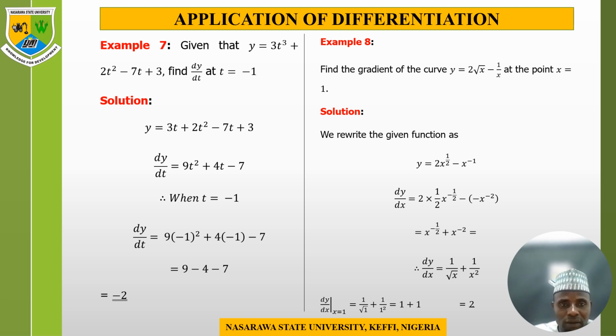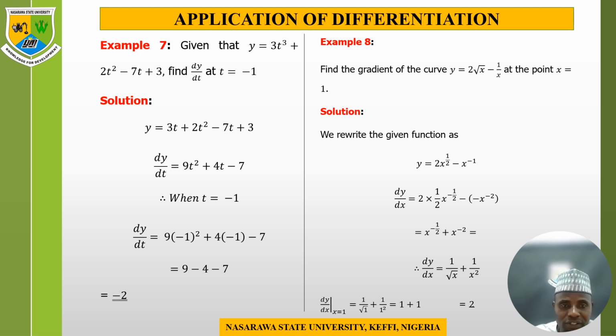So given the function, we are to find dy/dt, that is the rate of change of y with respect to t. So we differentiate that function to have this.